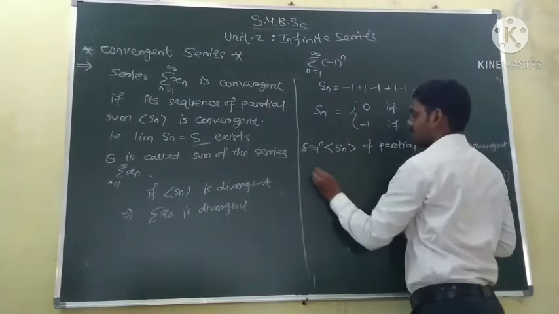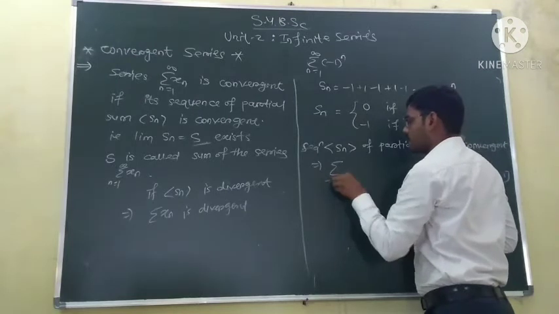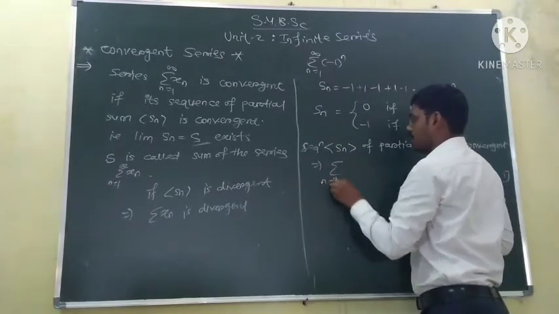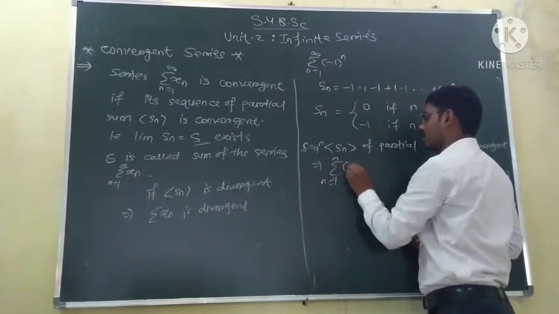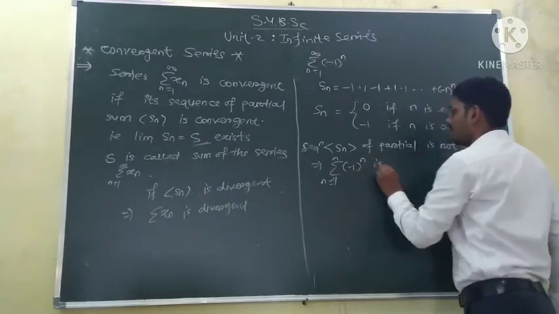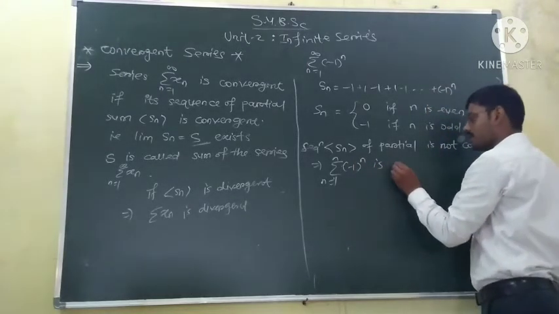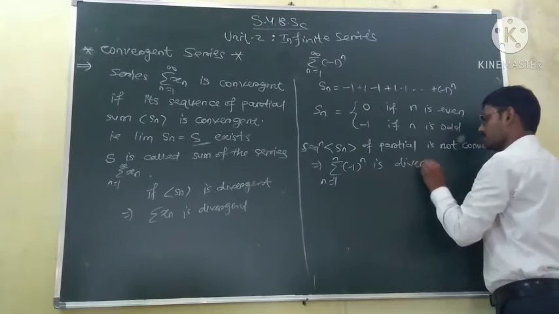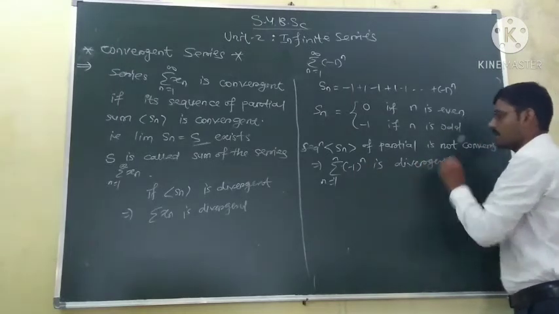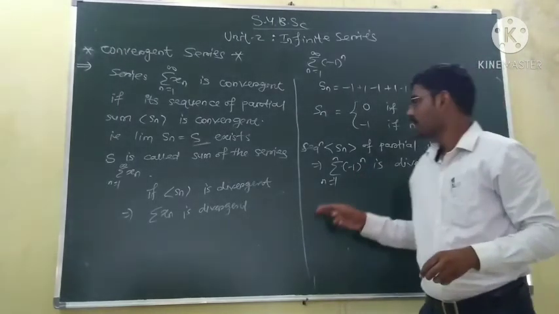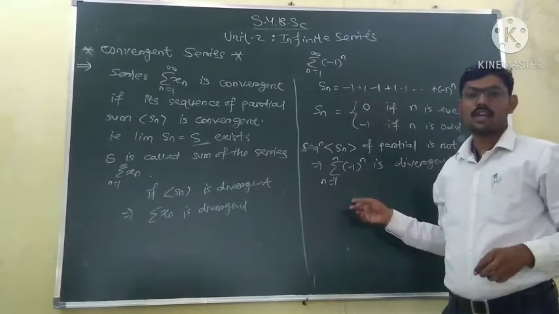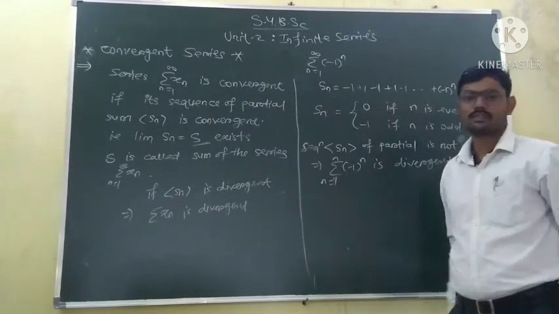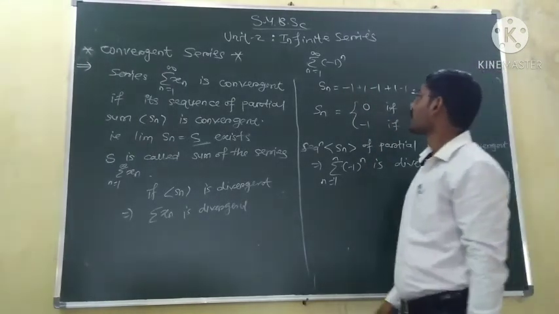So the given series, summation of minus 1 raised to power n, n equal to 1 to infinity, is not convergent. So it is divergent. Okay. Why? Because the sequence of partial sums corresponding to this series is divergent. So this series is divergent. Okay. So we will take another example.